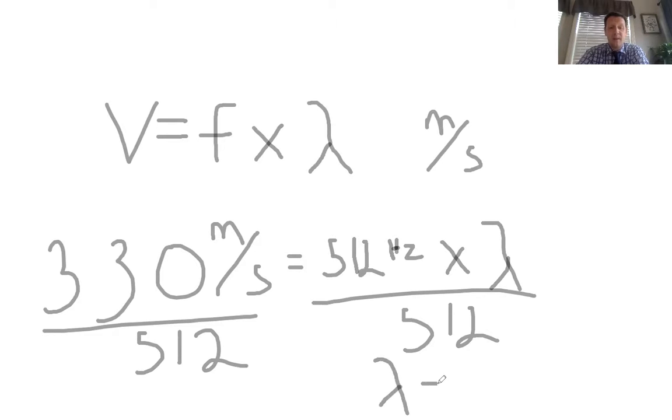So if we do the math, the wavelength comes out to be 0.64. That's what my calculator punched out with those numbers, give or take a little bit, considering we're working from memory and what we used in the live class on Monday.